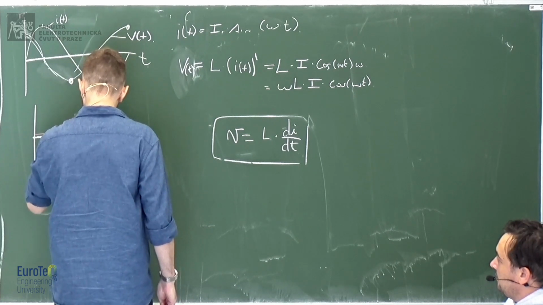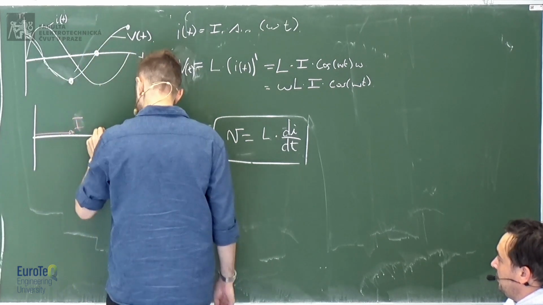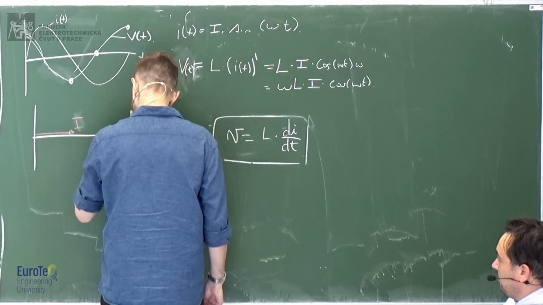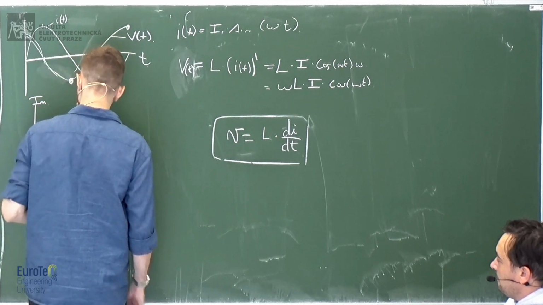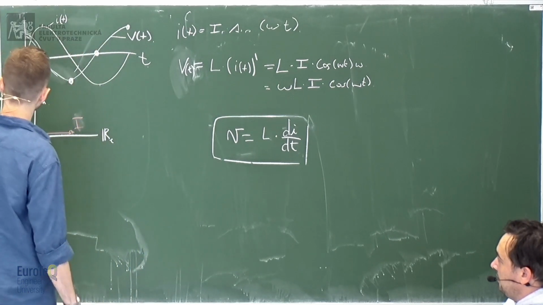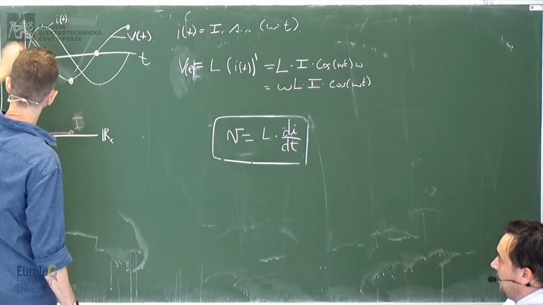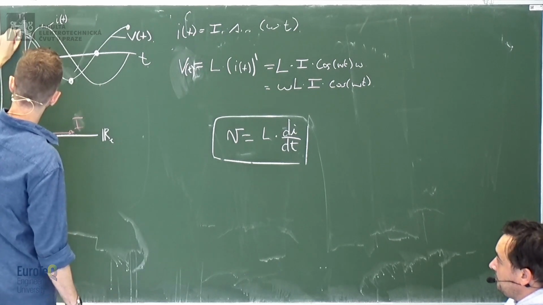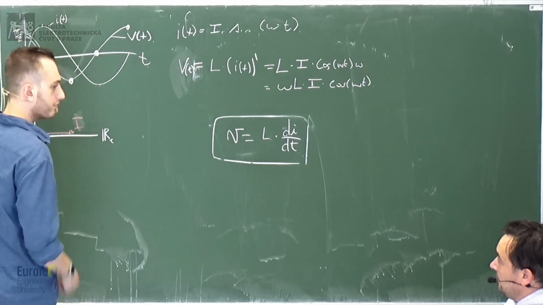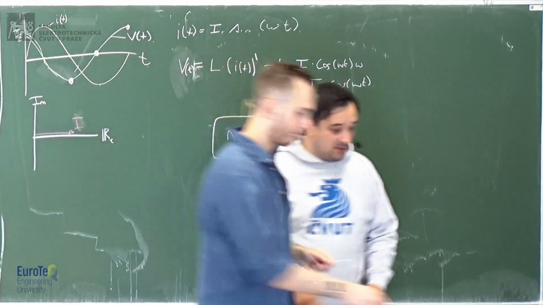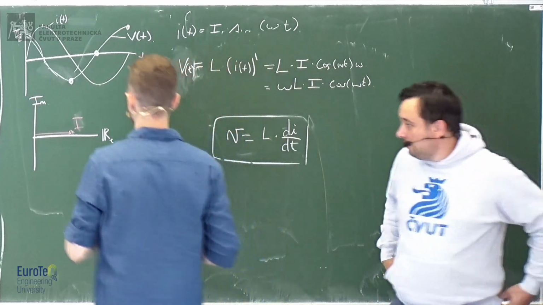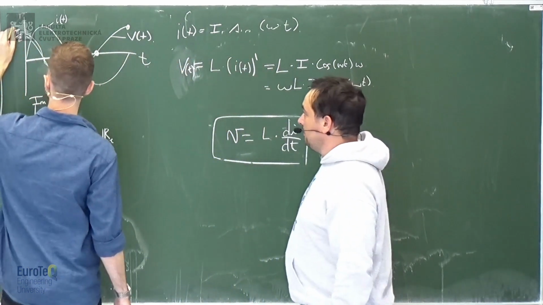Okay, so the current is on the real axis because it's a sine, so at time 0 it is 0. Maybe let's use another color, the orange.